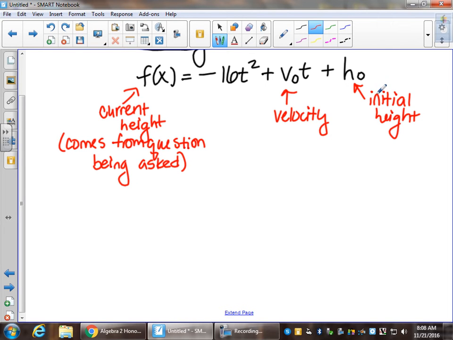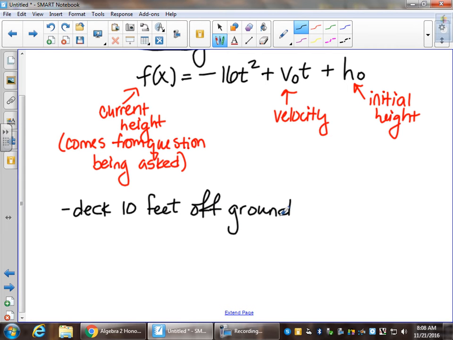A powerful crossbow fires a bolt straight upward from a deck 10 feet off the ground with an initial velocity of 320 feet per second. When will the bolt hit the ground?